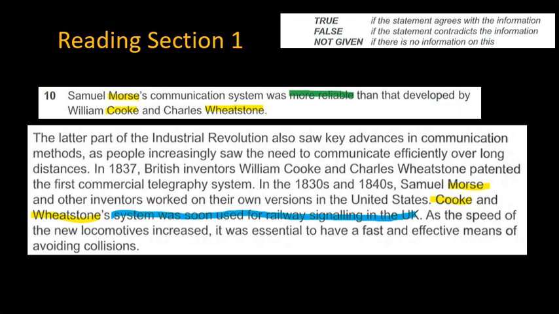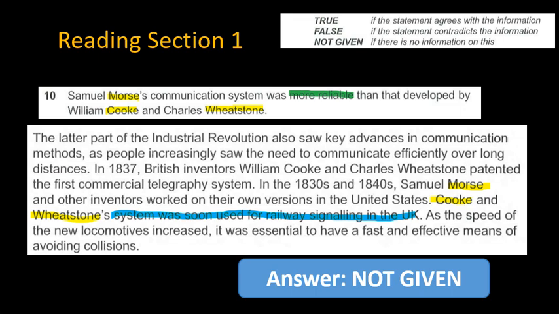And the system was soon used for railway signalling, so we know it must have been fairly reliable. But was it any more reliable than the other one, or less reliable? It doesn't say. So there is no information on reliability. Therefore, not given is the correct answer for number 10.